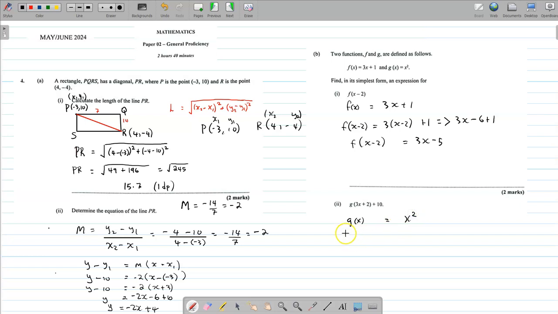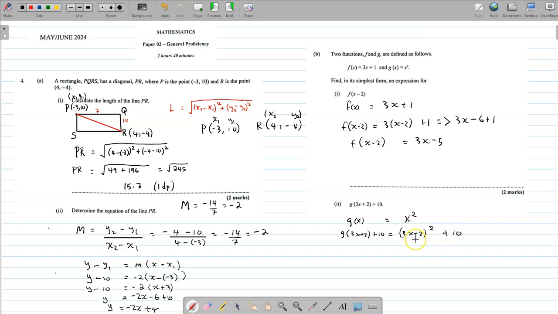If we want to find g of 3x plus 2 plus 10, all we need to do is, wherever we have x, put 3x plus 2 and square it. So we would have 3x plus 2 all squared, and we have plus 10.